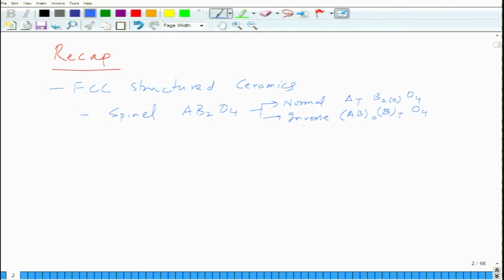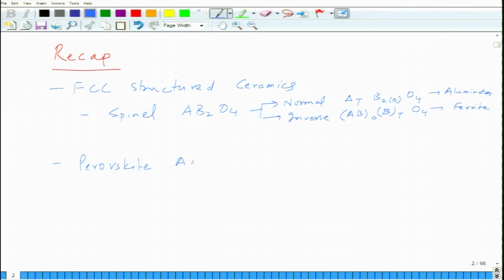Spinel structure is important because many aluminates and many ferrites make this structure. Typically aluminates will make normal spinel structure, and ferrites will make inverse spinel structure. This is the difference between the two.